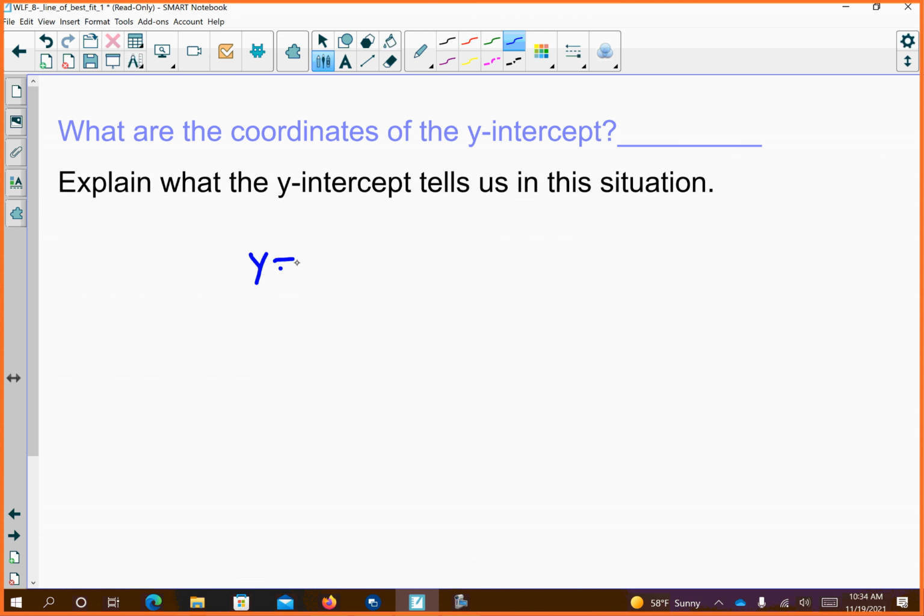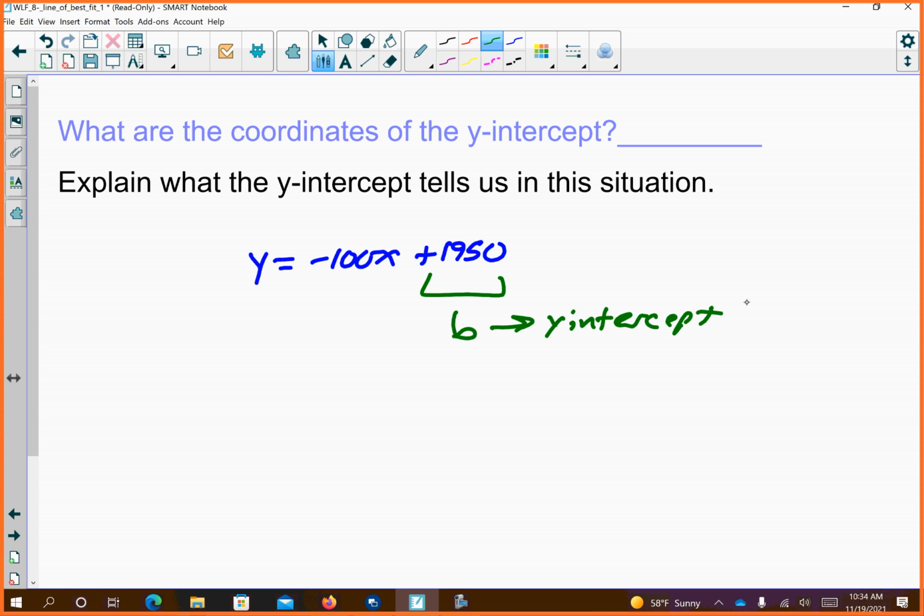So we had y equals negative 100x plus 1950. Just double check. Cool. So this is our b value, which is our y-intercept. Remember I said the y-intercept is a point, so that's 0, 1950. The x value we said was weeks, and the y value is money. So what are the coordinates of the y-intercept? 0, 1950.